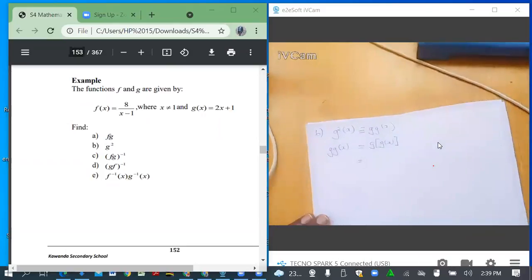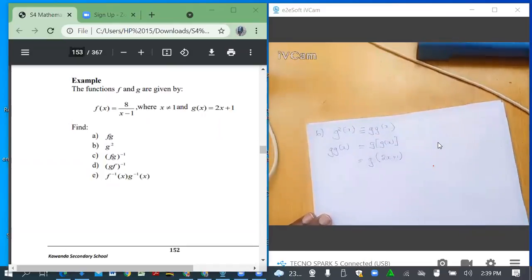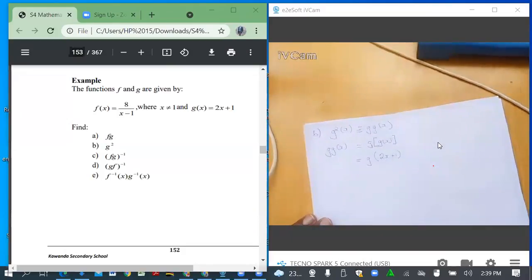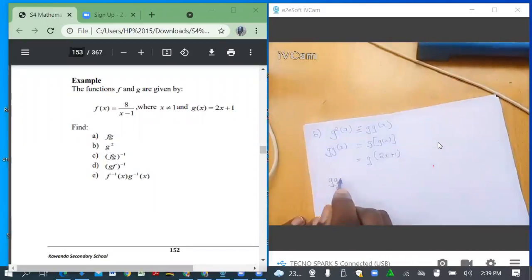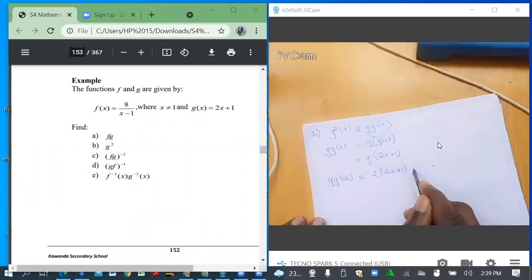But what is our g of x? Our g of x was 2x plus 1. Then again, you substitute the same function into the other g of x. So our g of g of x is 2 into 2x plus 1, plus 1.